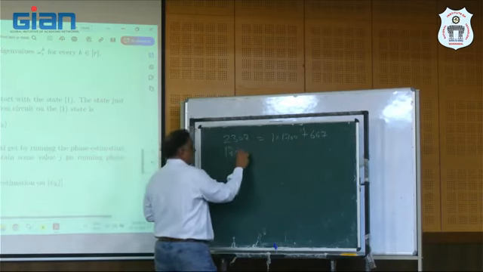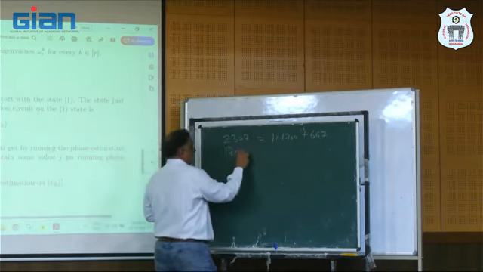24 equal to 1 into 17 plus 7. 17 equal to 2 into 7 plus 3. 7 equal to 2 into 3 plus 1.